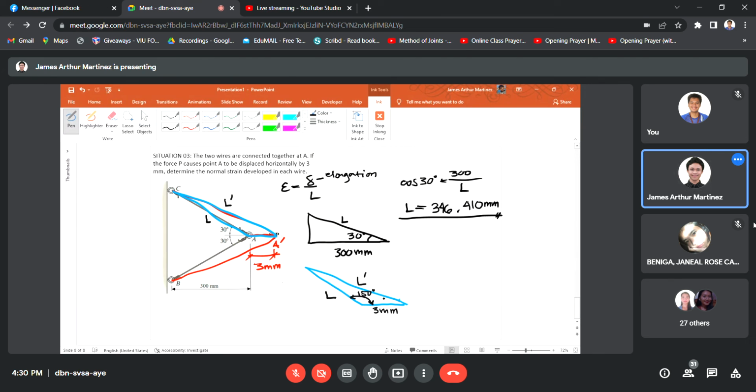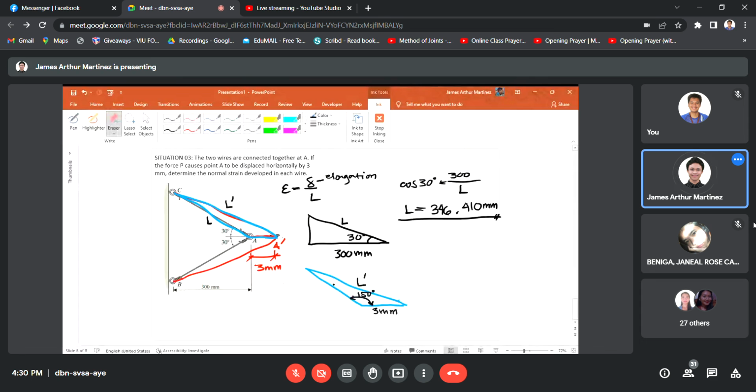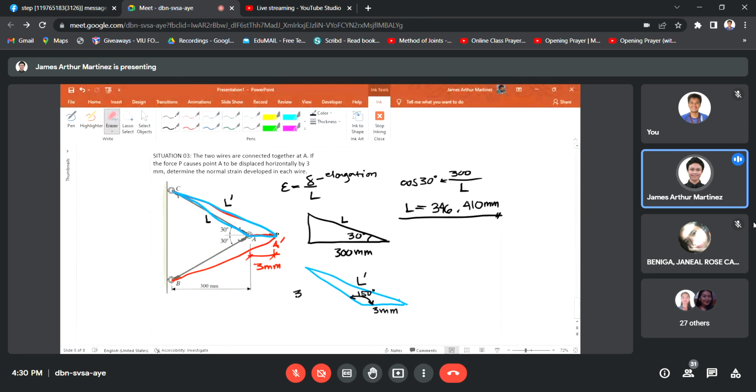Given L, which we have already obtained, we will use that data. This is 346.410 millimeters. So you have two sides and one included angle, so we can use the cosine law.